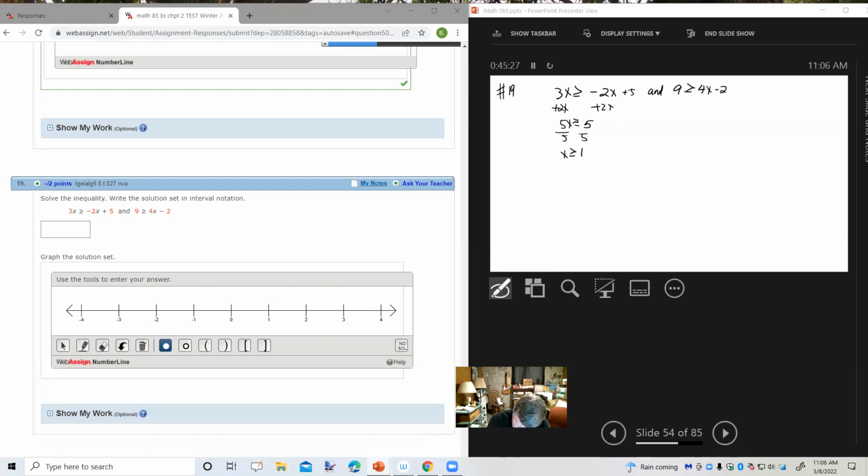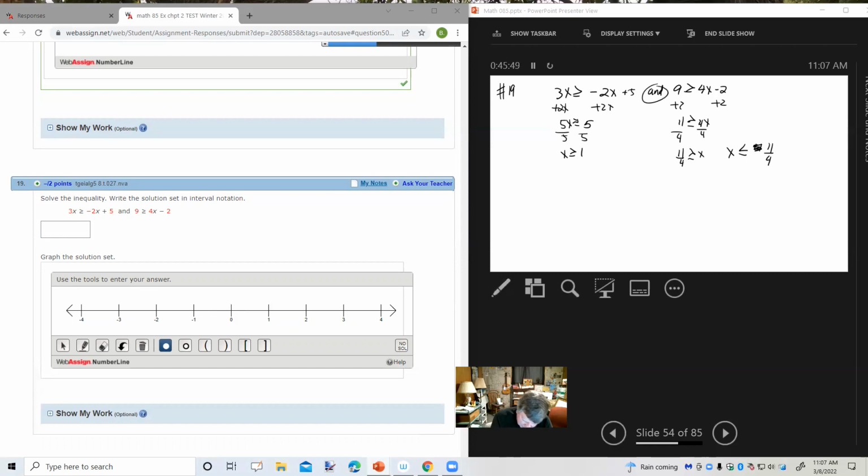Solving the second inequality, we'll add 2 to both sides, 11 greater than or equal to 4x, divide both sides by 4, 11 fourths greater than or equal to x, but that's the same thing as x less than or equal to 11 fourths.